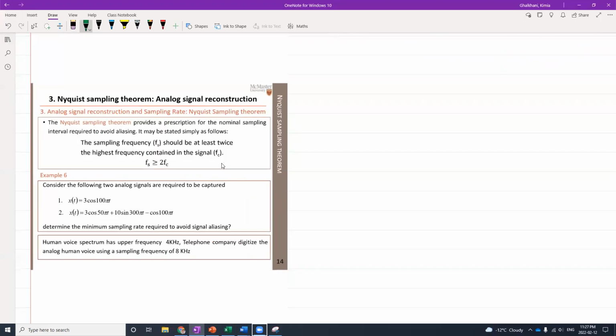I have discussed some theory exactly like this one, to not have less than 2F. This is what we call the Nyquist theorem, which says a periodic signal must be sampled at more than 2x the highest frequency component of the signal. So this is going to be the sample frequency, and this is going to be the highest frequency component of the signal.